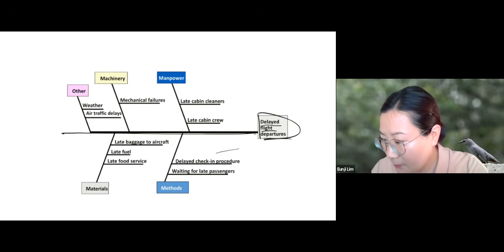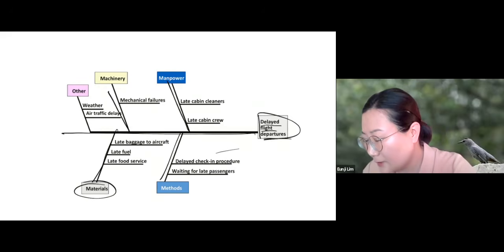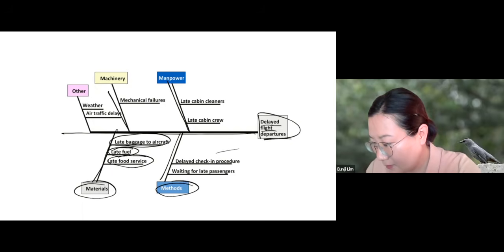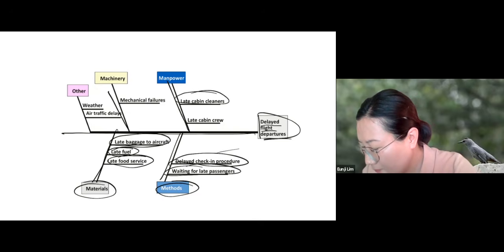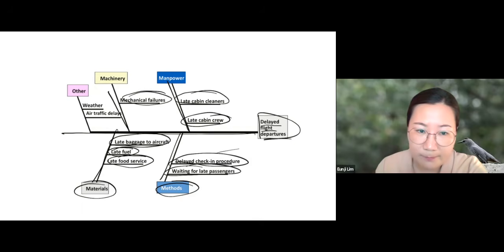And then this is the backbone. And we're going to list all the potential causes. Materials: is the problem caused by late baggage to aircraft, or late fuel, late food service? Methods: delayed check-in procedure, or waiting for late passengers. Manpower: late cabin cleaners, or late cabin crew. Machinery: mechanical failures.